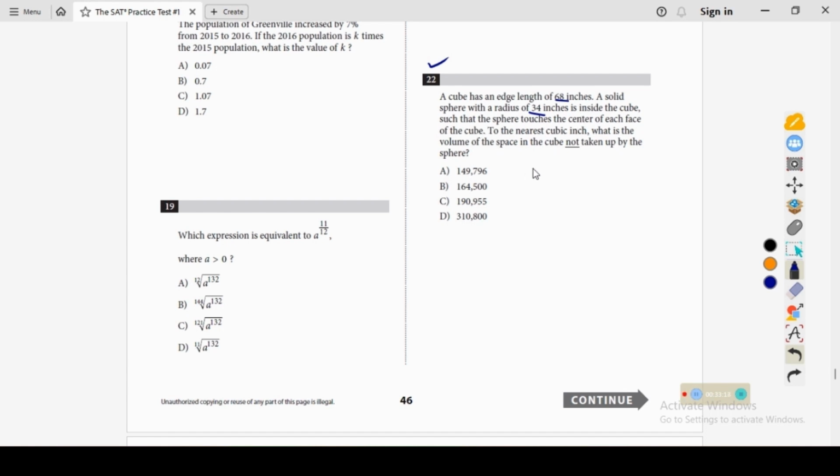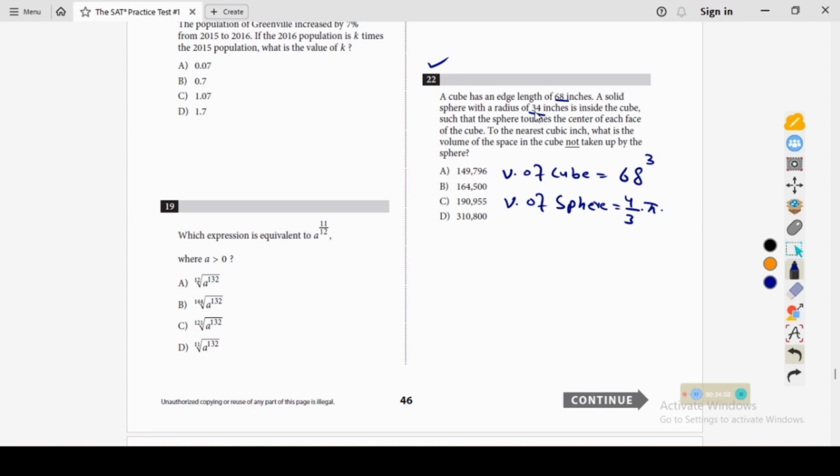So the volume of the cube is 68 raised to the power 3. And the volume of the sphere is 4 by 3 times pi times r cubed.